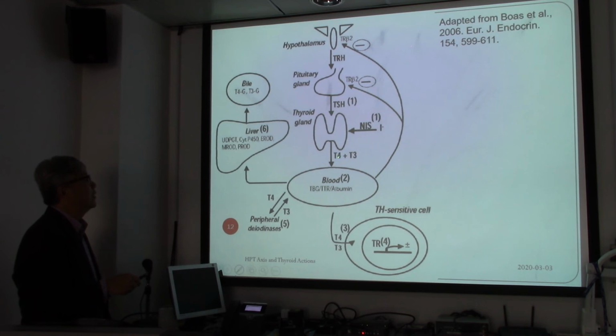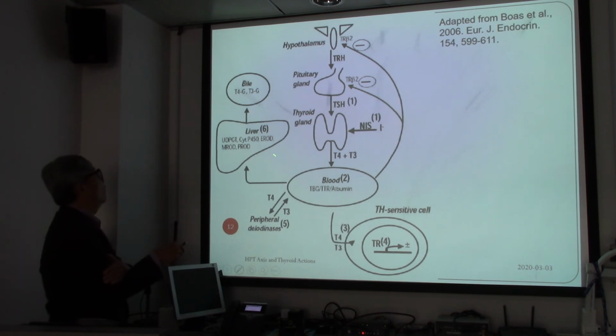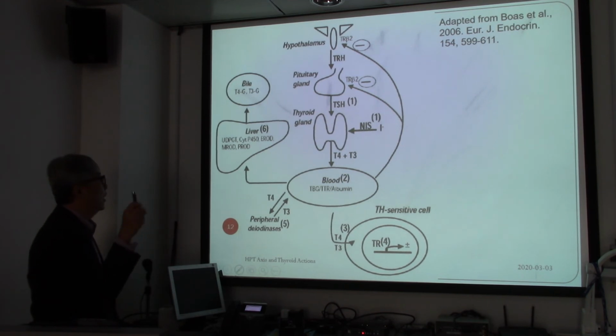And T3 and T4 will go into the blood circulation to go around in the body. How do we get rid of T3 and T4? In the liver, we have the drug metabolizing enzymes, including UDP-GT and cytochrome P450, that would take T3 and T4 and then remove them into our bile. From the bile, going into our gut and then excretion out.